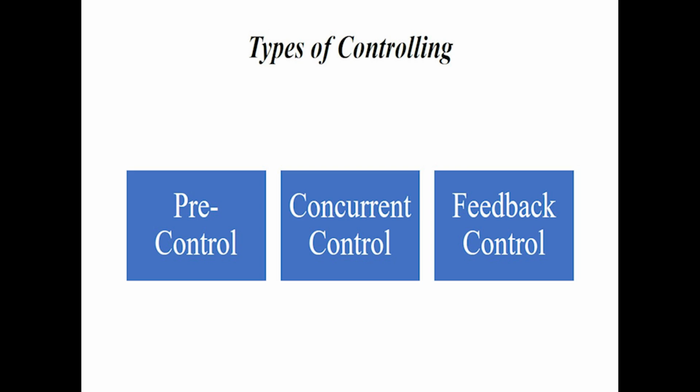So, it is a continuous process. We cannot stop our concurrent control, because it helps the organization deal with major issues before they occur. So, it is continuous observation of each and every activity in the organization so that they can be on the standards. So, with this, let us move to the last type of controlling, that is feedback control.